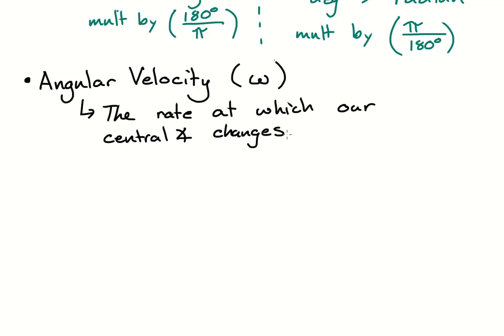Now, I just want to highlight here, our central angle changing has a name. What do we use for the change in something? Delta. And what do we use for the angle? Theta. Oh, my angular displacement is naturally just included right in this.